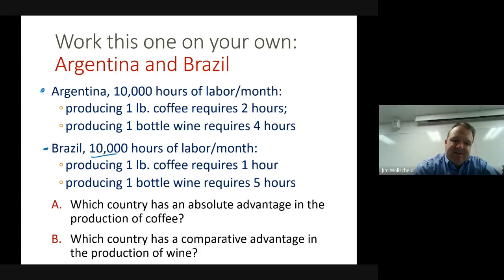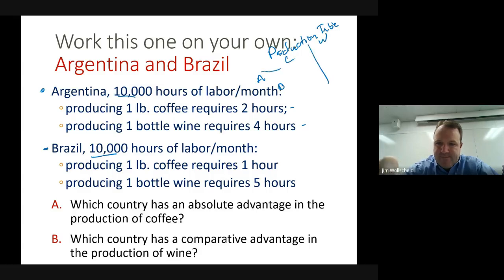And for simplicity, I made them the same. They both have 10,000 labor hours per month to use. So look at coffee and wine. If it was me, what I would do first is I would create a production table. So how much coffee and wine could be produced by Argentina and Brazil?